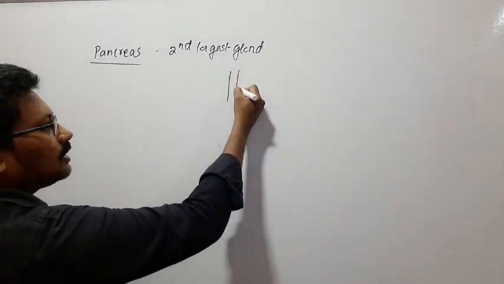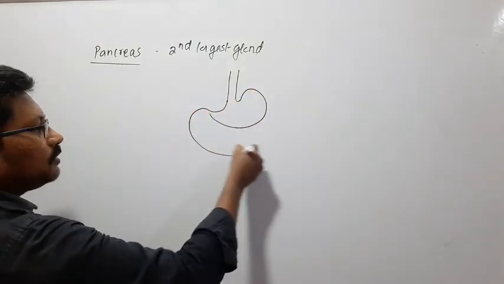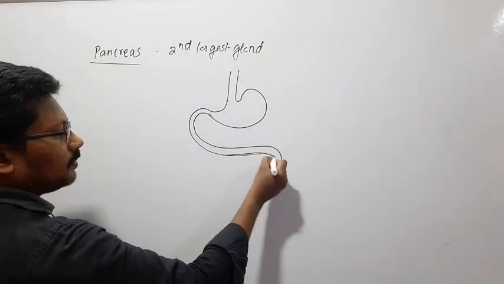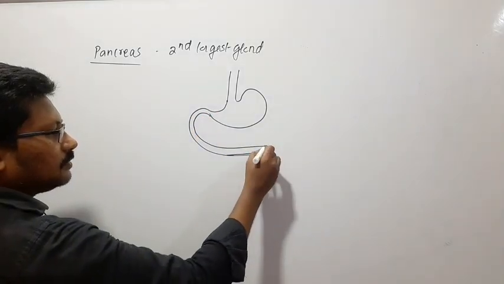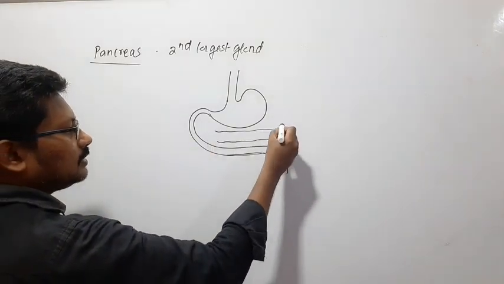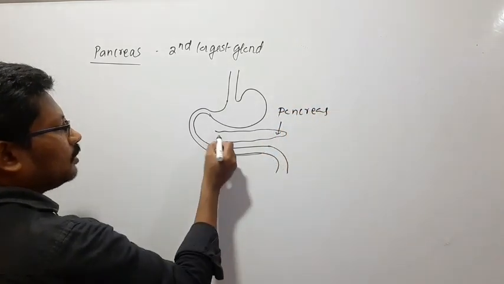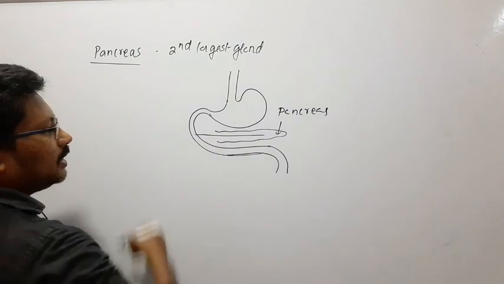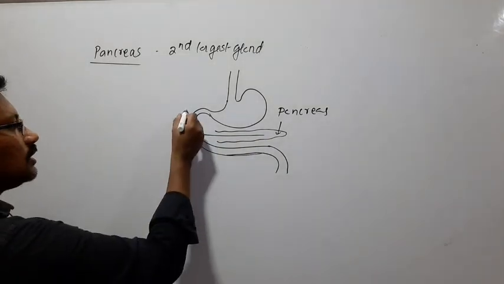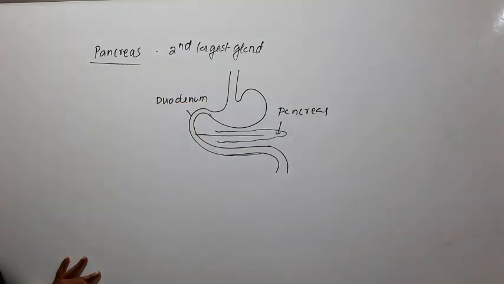If you see here, the stomach, so you find it like this. This is the location where you will find the pancreas. This pancreas opens into the duodenum, so it is present in the loop of the duodenum, right?